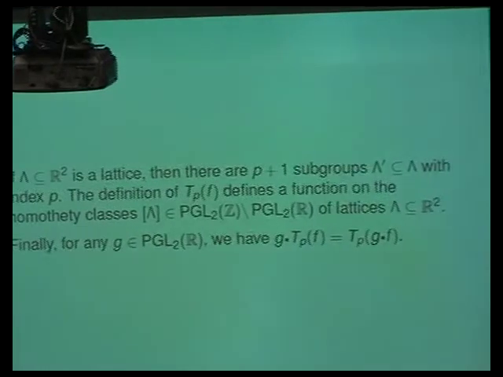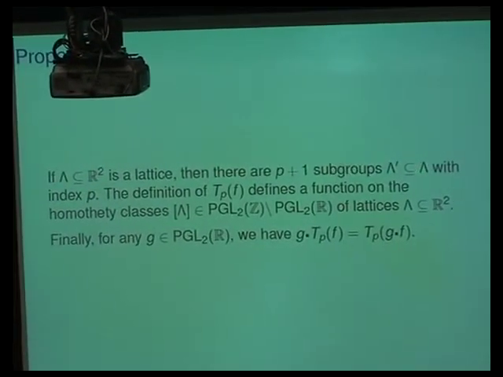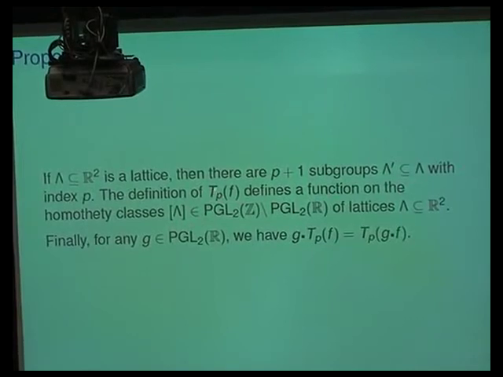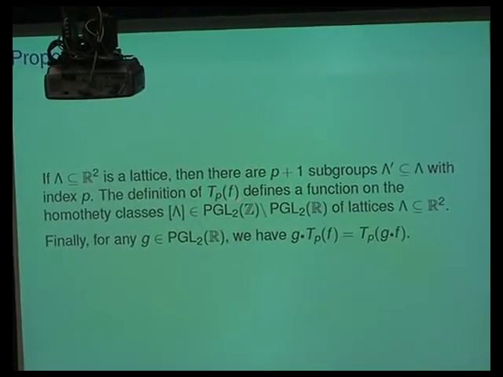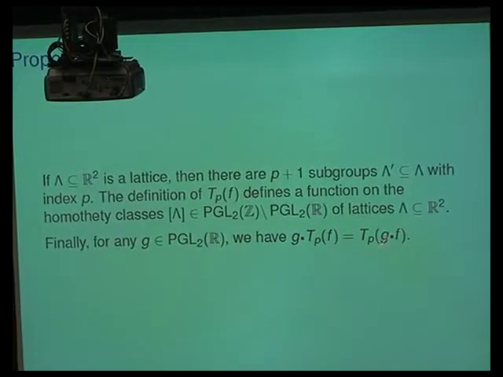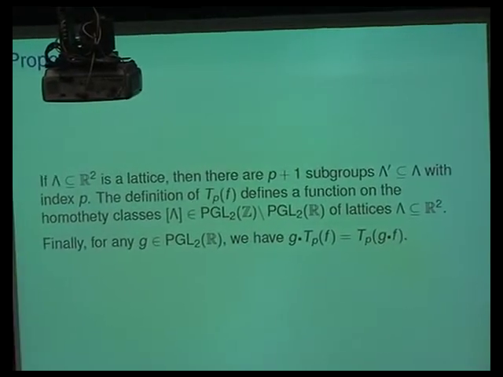Okay, now this is pretty obvious. If you have this lattice, then you have these P plus 1 subgroups, and let me focus on this point here. If you replace your lattice C2 by C2 times G, right?